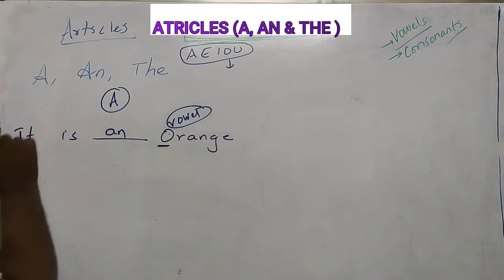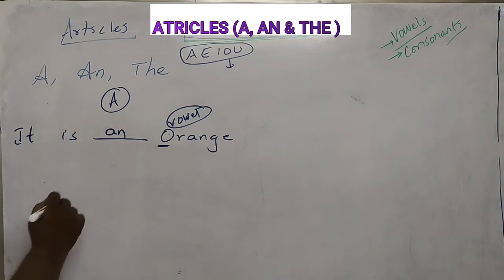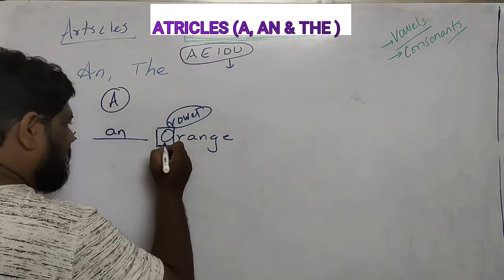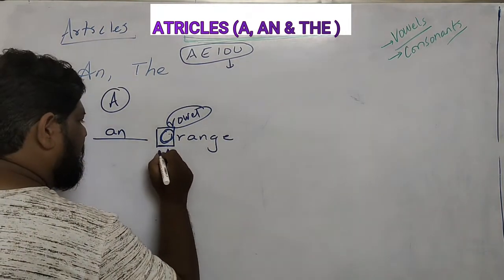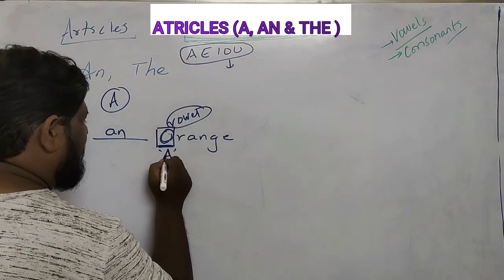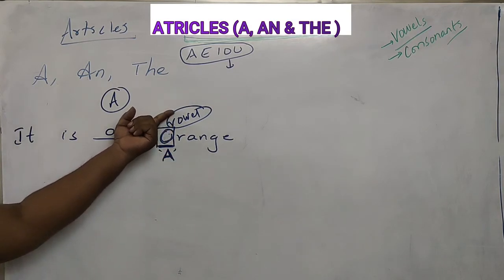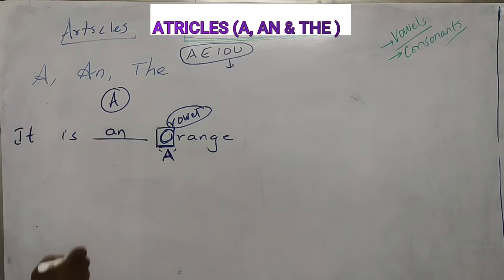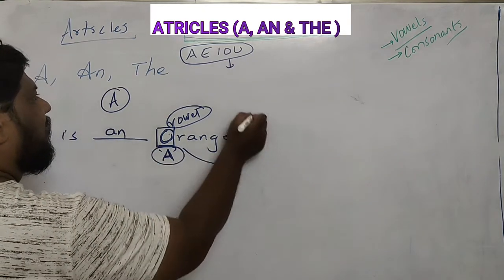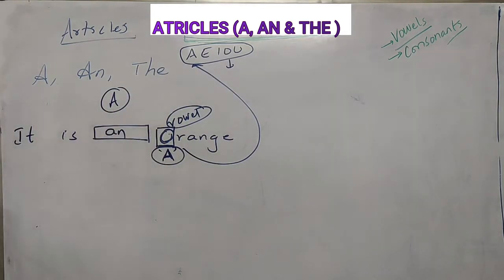No. It is not because of the O. It is because of the sound. How do you pronounce it? You pronounce it as orange, isn't it? That means the sound which comes here is the A sound, not the O sound. So A is a vowel, and that is the reason why you are writing an here.